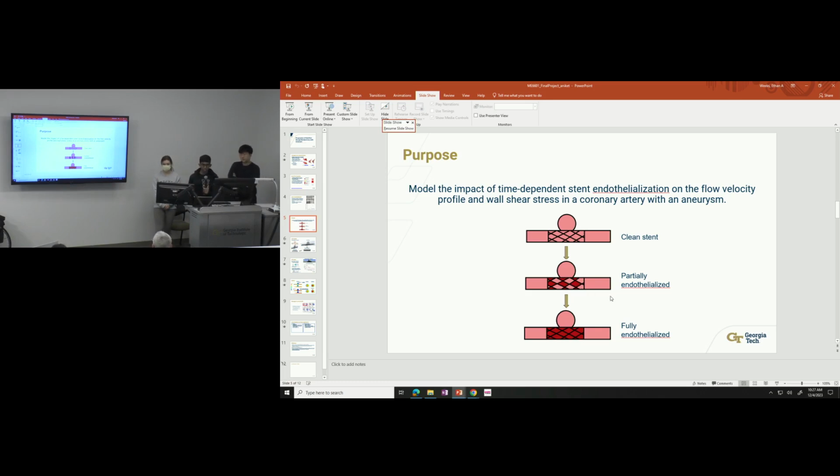However, we modeled the endothelialized layers in a similar pattern just to be able to modify the percentage of the endothelialized surface area over the surface area of the stent. And so this is what a partially endothelialized stent would look like, and a fully endothelialized stent would just be identical to a solid cylinder. You just insert it, and ideally there'd be no flow going through the aneurysm at all.